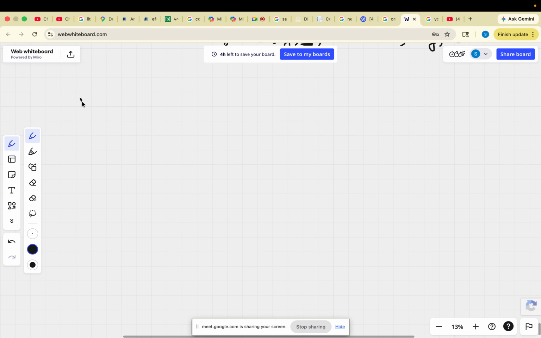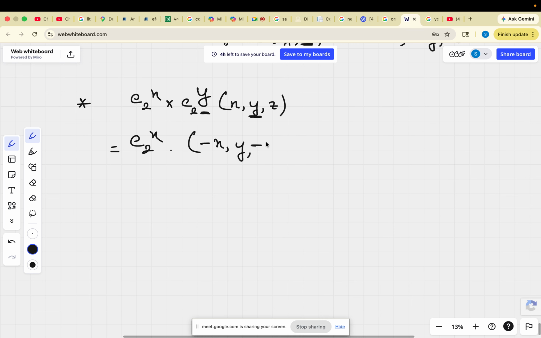Okay, let's do another example. Suppose you have C2x into C2y of x, y, z. So C2y, so that means no need to change y. So what will I get? C2x into that, I will get minus x, y, minus z. Now C2x, so no need to change in x, the other two we will change.